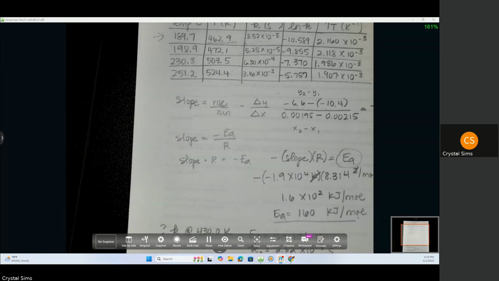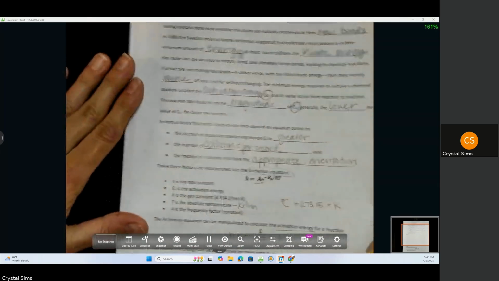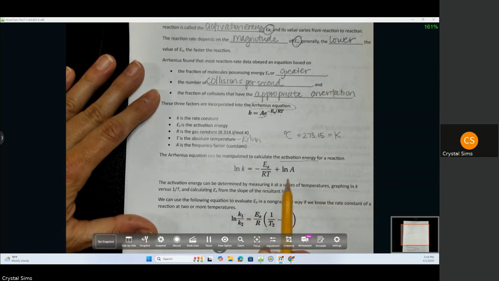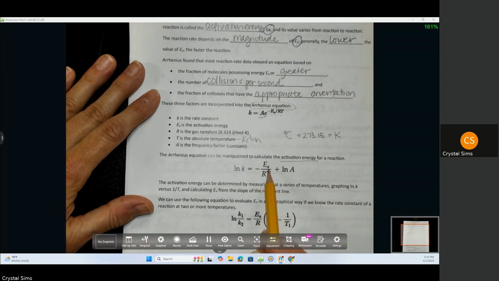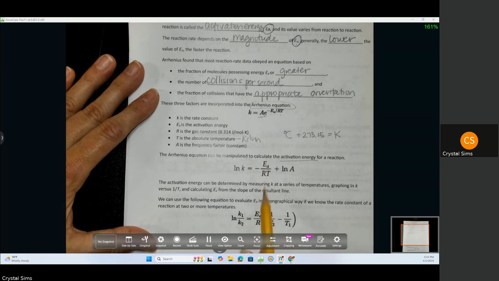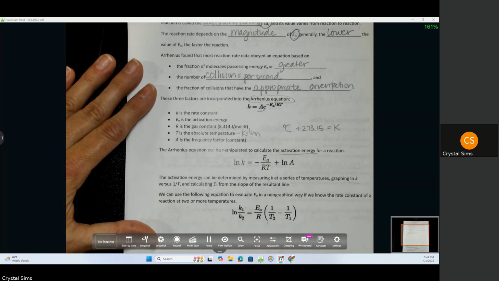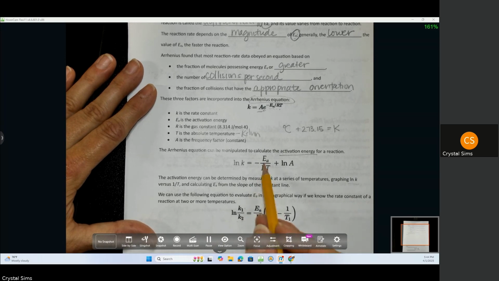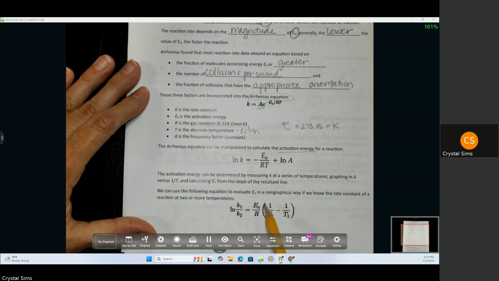If we have these factors here, if we have our reaction rate, we have our temperature, we know R, we can calculate our activation energy, or we can manipulate this to solve for any of these things if we have the others.